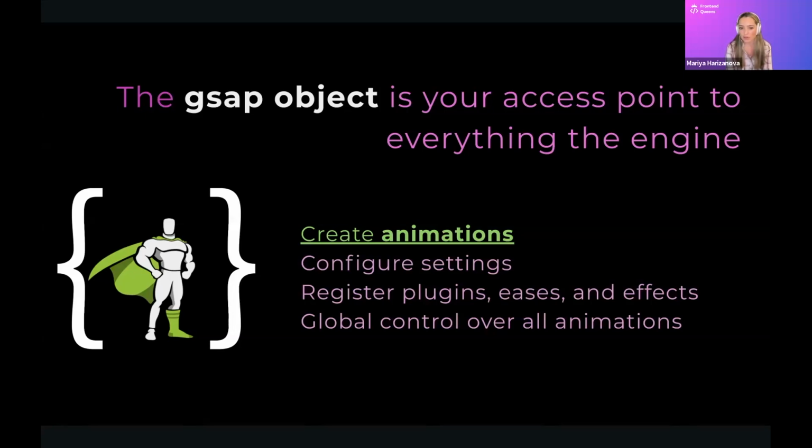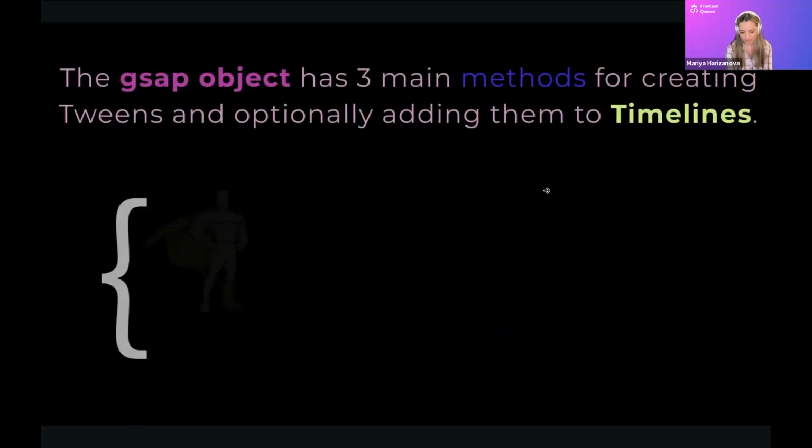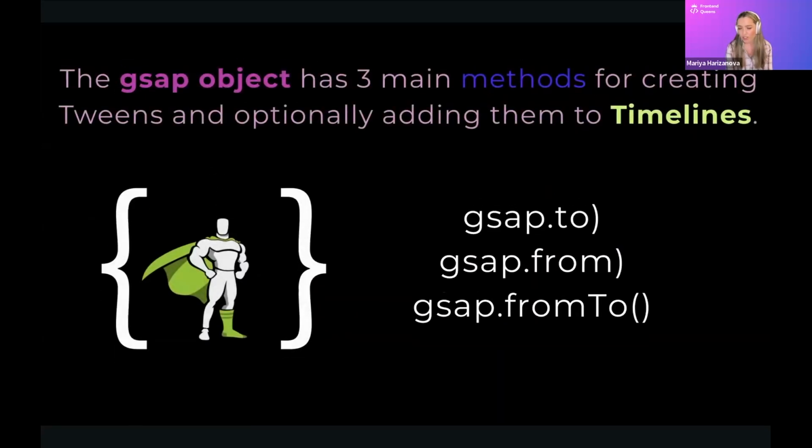Anything you're working with in GSAP, you're talking about the object. It's clean, simple, and incredibly powerful. The gsap object has these three methods. We're going to talk about them right now: gsap.to, gsap.from, and gsap.fromTo.